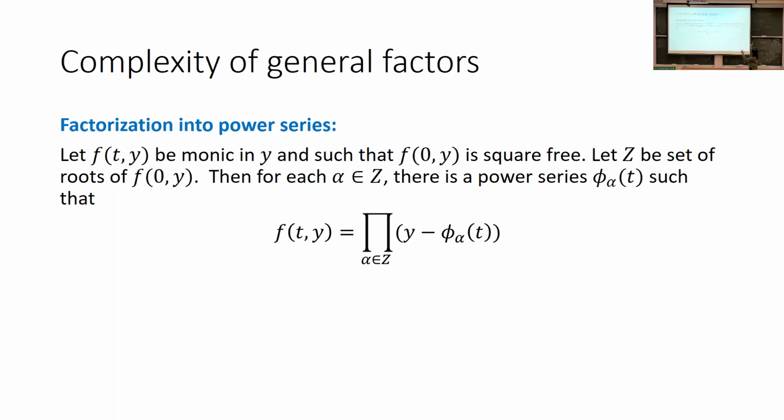Take any bivariate monic polynomial such that at t equal to 0, it's square free. Then you can express your bivariate polynomial as a product of degree 1 factors of the polynomial.